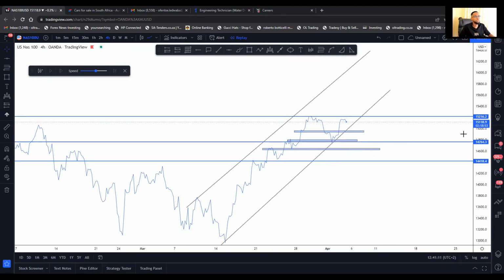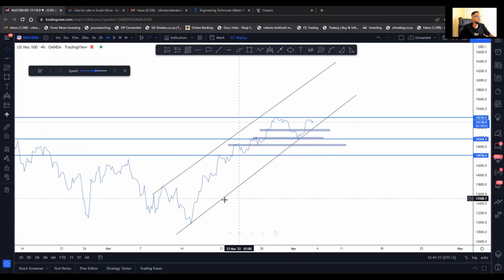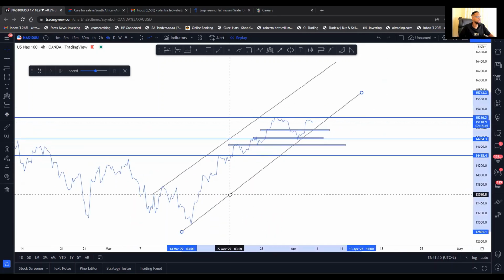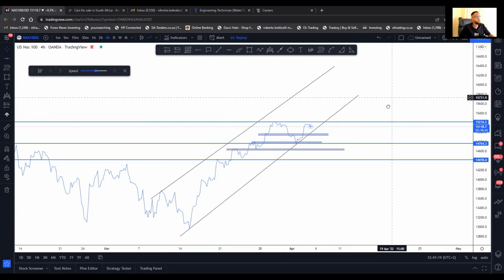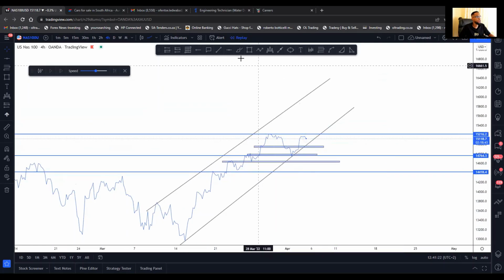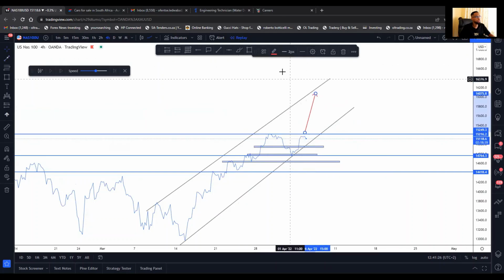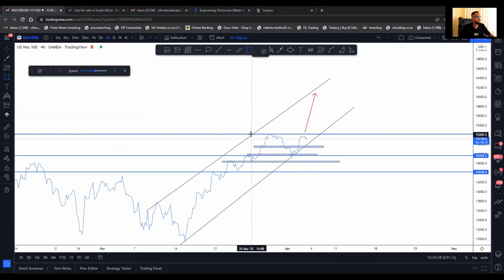Now you can see I'm in a bullish channel, so I'm expecting the overall movement to be a buy. But they have to break this area. You see this area, this one. They have to break it before they can shoot up.